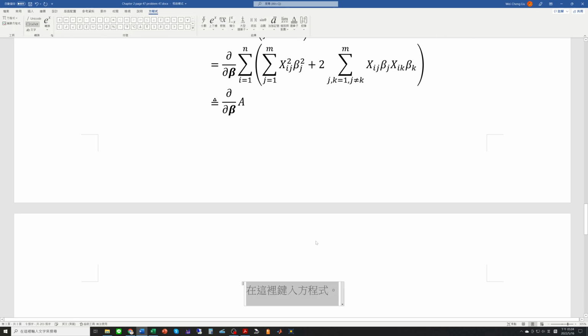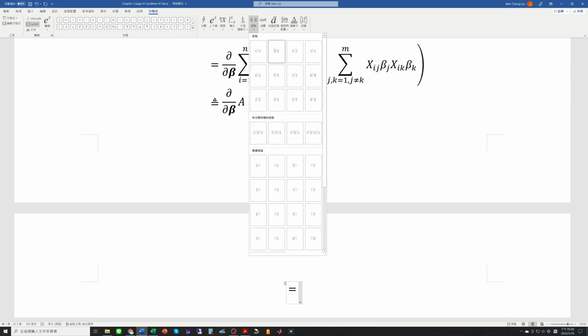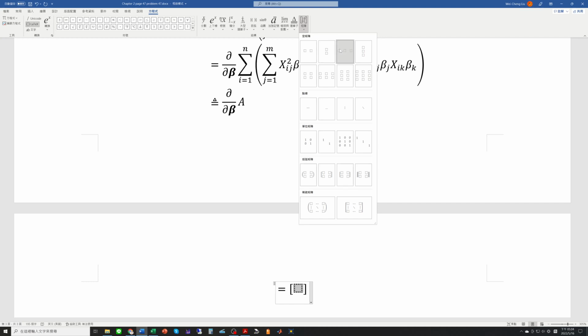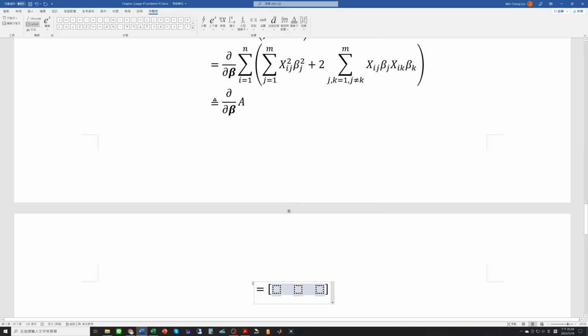So it is equal to, we know that the partial derivative of a scalar with respect to a vector is equal to a vector, with 3 boxes here.